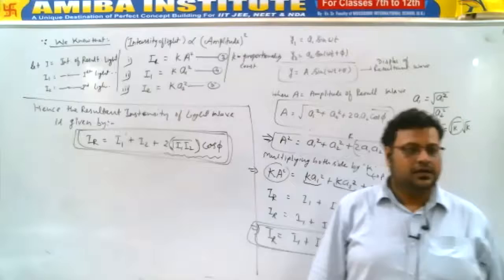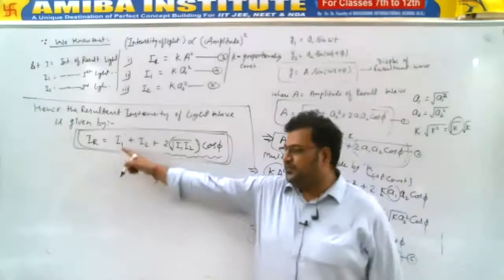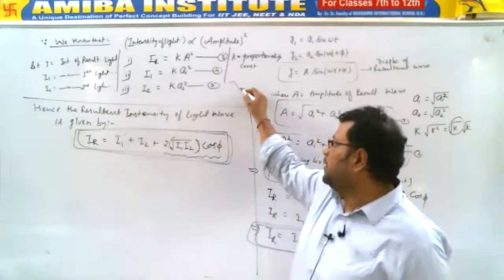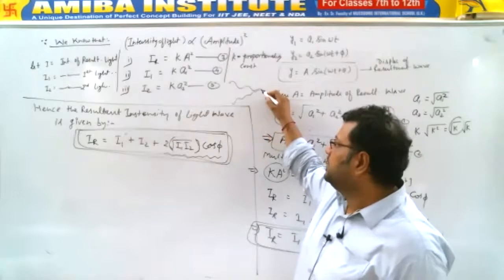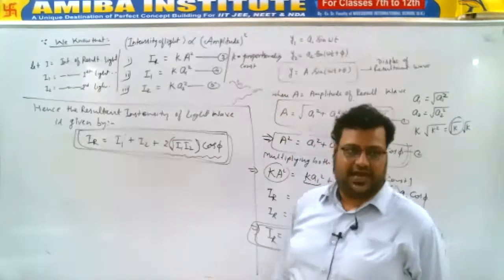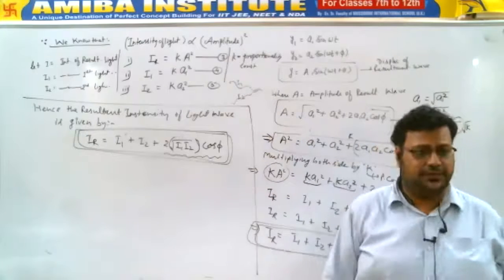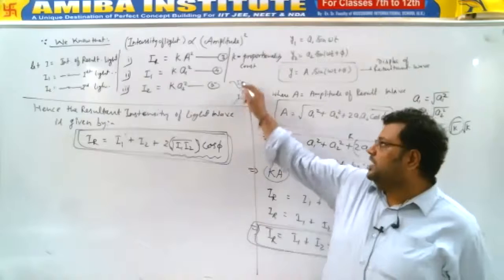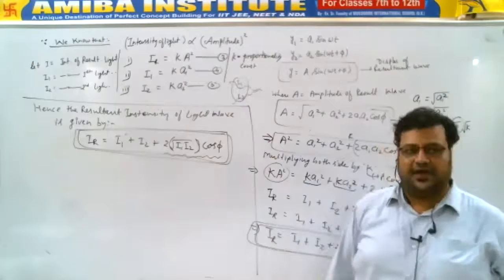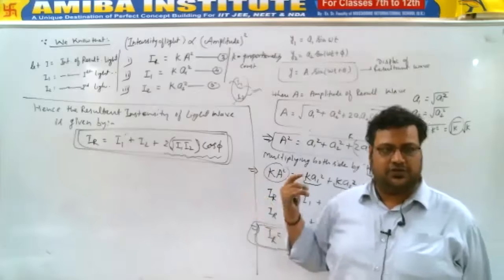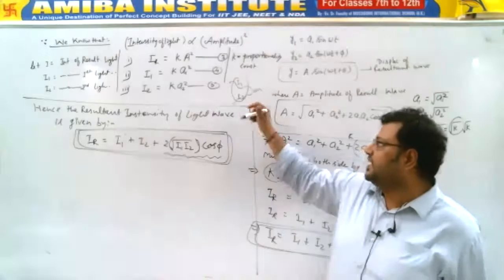If one wave has intensity I1 at some point and another wave which is about to superpose has I2, then the total intensity of light during general illumination should be I1 plus I2. All of you should agree with this, right?